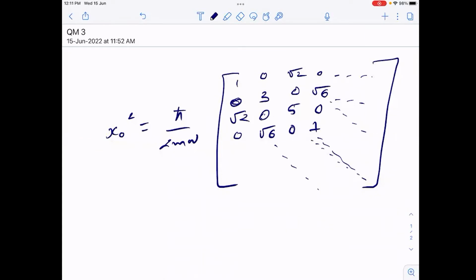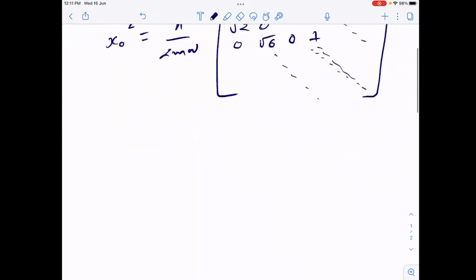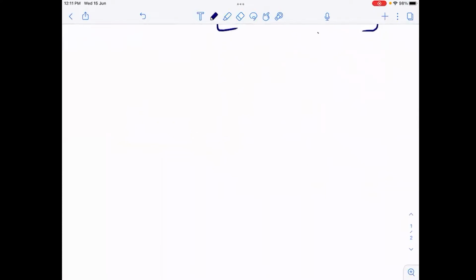Do we need to look at the problem for time t? Okay, so let's quickly look at the problem. The problem was you had to find xt and pt at time t for our harmonic oscillator.